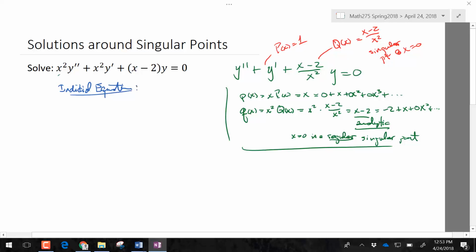And, oh, I forgot what that is now. r times r minus 1 plus a naught r plus b naught. So it's all pluses except for the r minus 1.